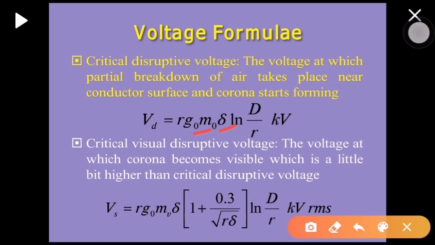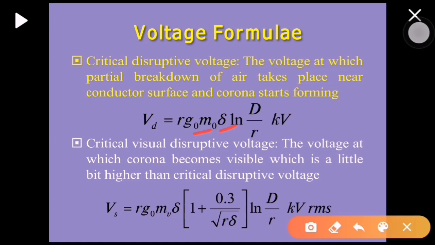m0 is known as surface factor or surface irregularity factor. If conductor is smooth, m0 is taken as 1. If conductor is not smooth, it means it has irregular surface, say ACSR conductors, definitely m0 is less than 1. Now what does this m0 show?